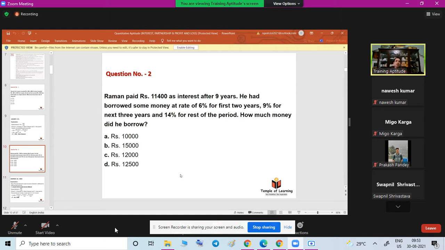If I assume 100 rupees to be my money, then in the first 2 years, 12 rupees, the next 3 years, 27 rupees, and the next 4 years, 56 rupees.